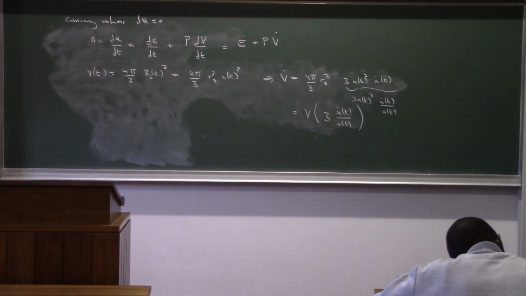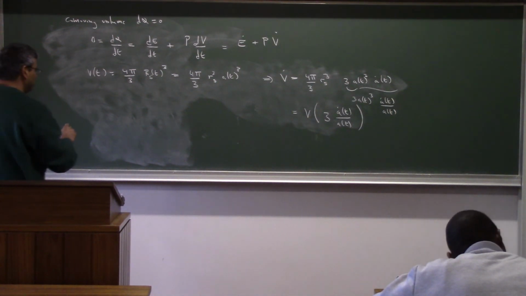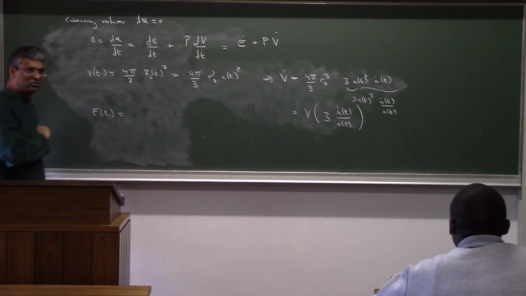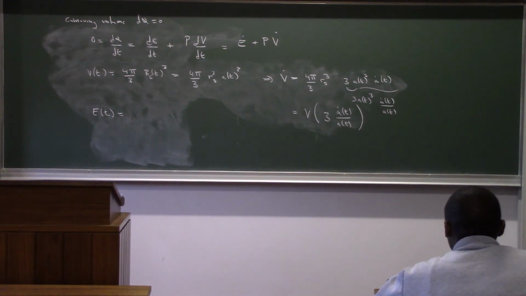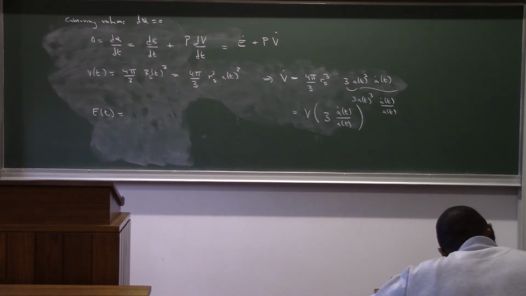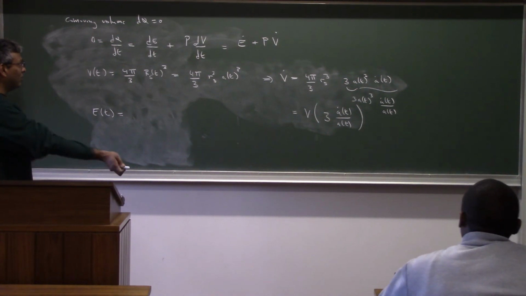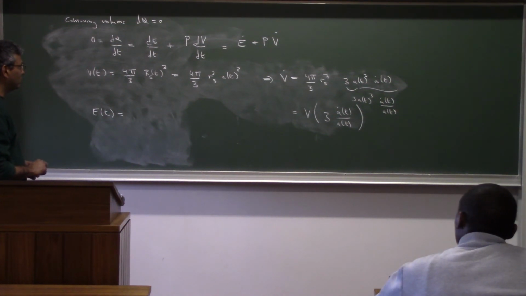Okay? So what's the energy, E(t)? Well, from our equation, E dot plus P V dot equals 0, you can just bring the P V dot on the other side and then integrate.